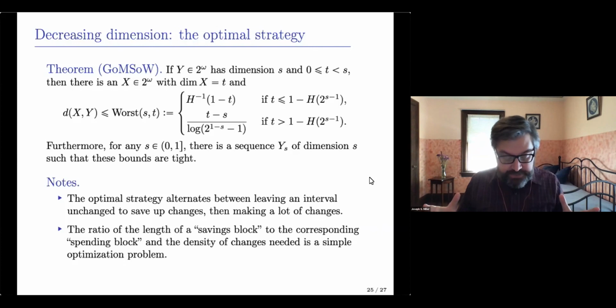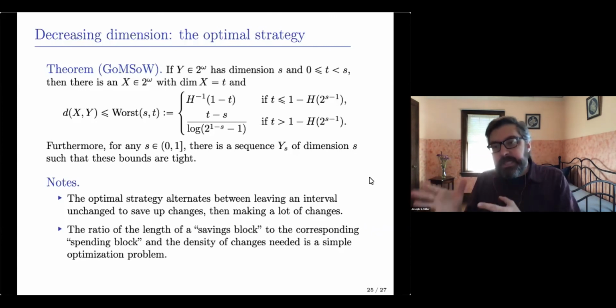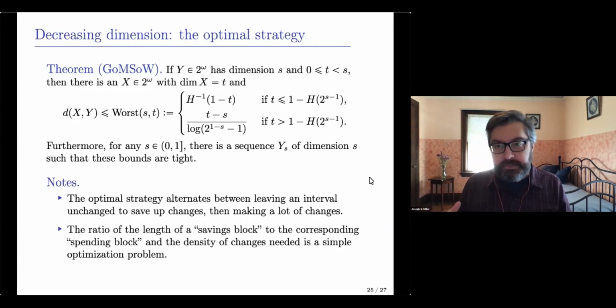And the density of changes that you need to make and the relative lengths of the savings and spending blocks, you can set up the equations that tell you how much you could drop the complexity making this many changes and with this ratio. And then it's just an optimization problem. To get the formula, it's just calculus. To show that it's optimal, you have to do a little bit more work, but to get the formula, it's just calculus.